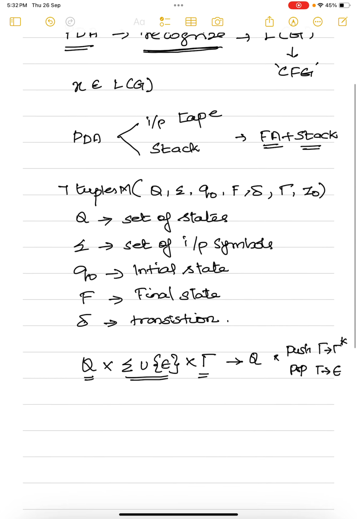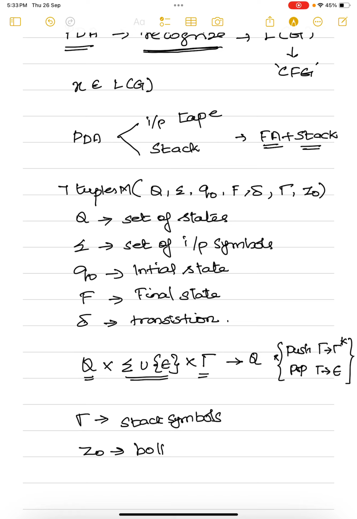This is how we define the delta transition in pushdown automata. So gamma refers to stack symbols, and Z naught refers to the bottom of the stack.